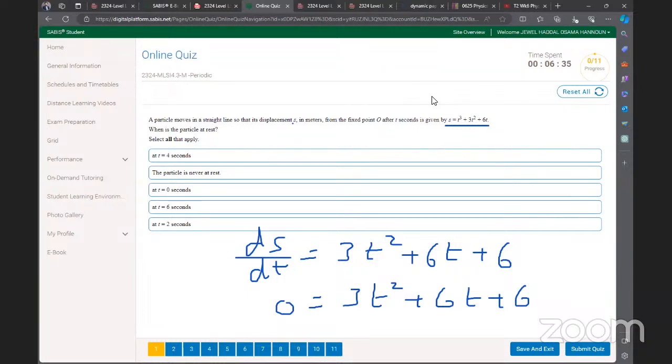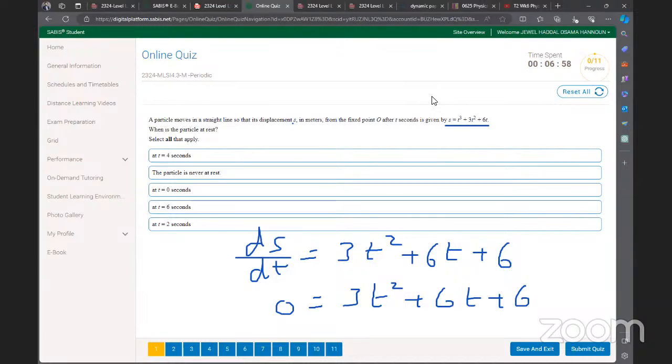Okay. Sir, once you use the mode, you get -1 plus i.